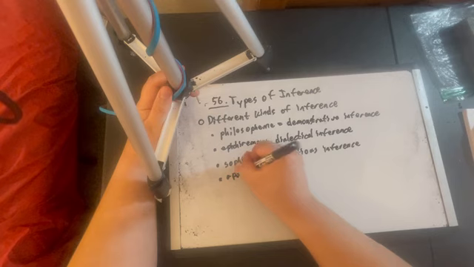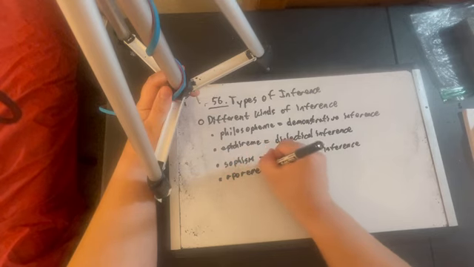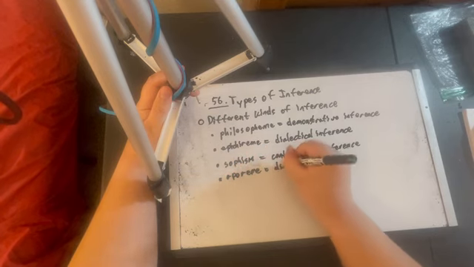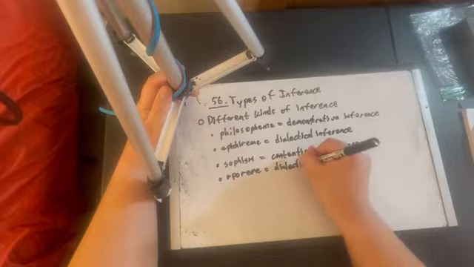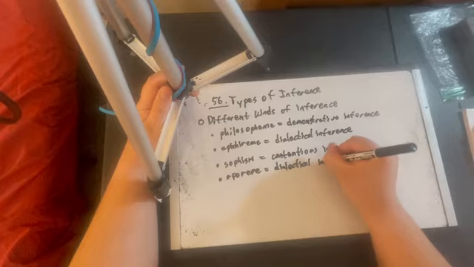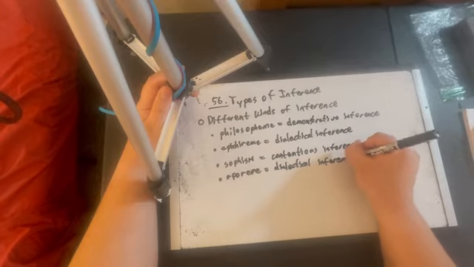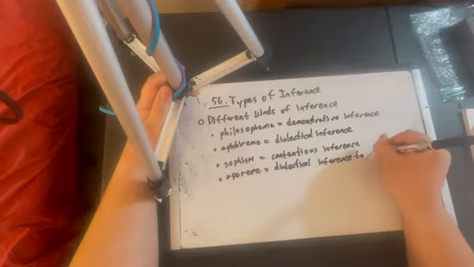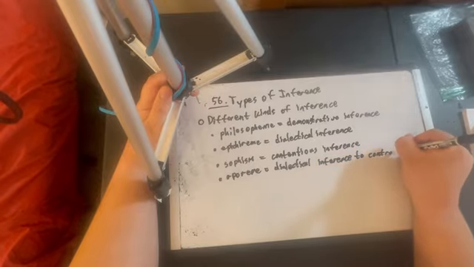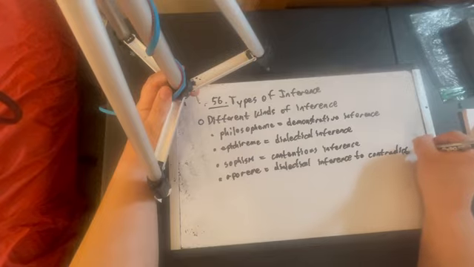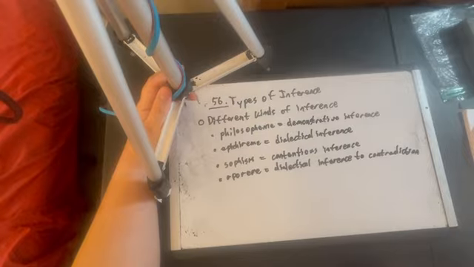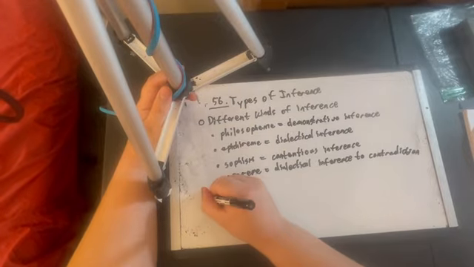Aporeme is equivalent to dialectical inference to contradiction. Arguments differ not only by form, but by purpose and standards.